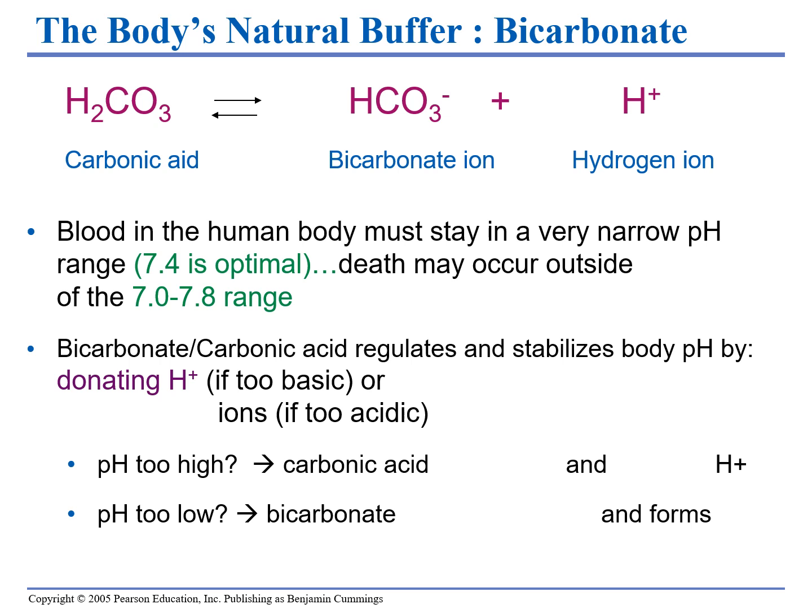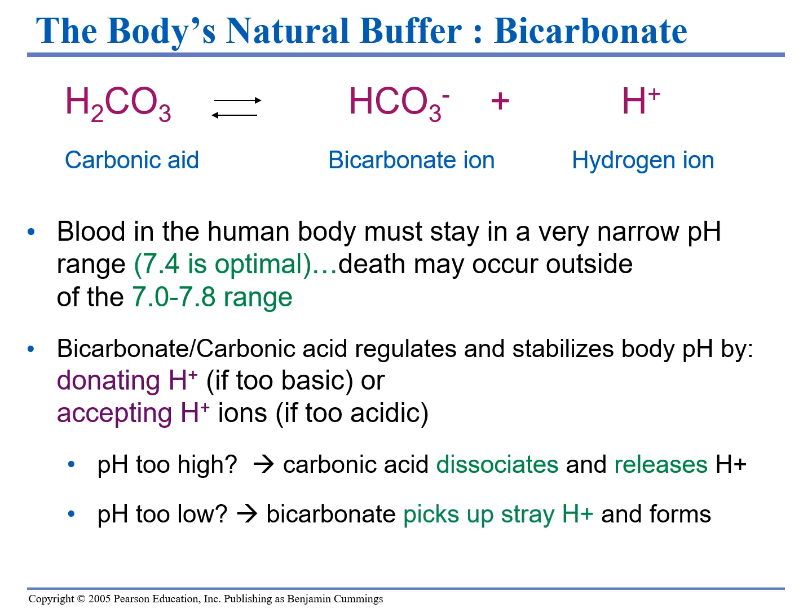What happens if pH is too high? Well, carbonic acid dissociates and releases hydrogen ions. And if pH is too low, then bicarbonate picks up stray hydrogen ions and forms carbonic acid.